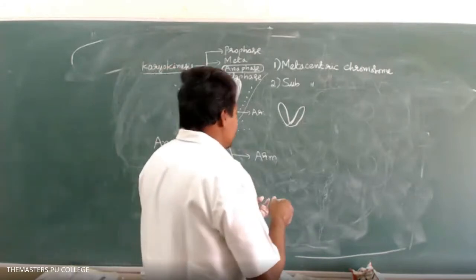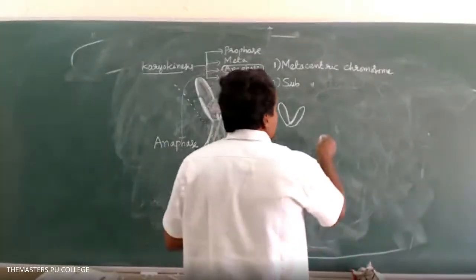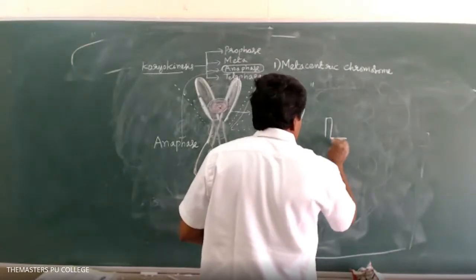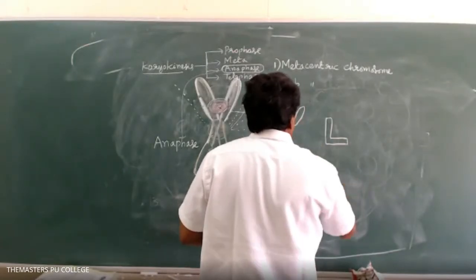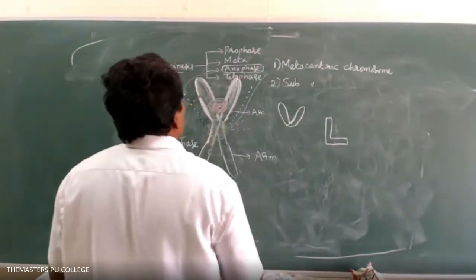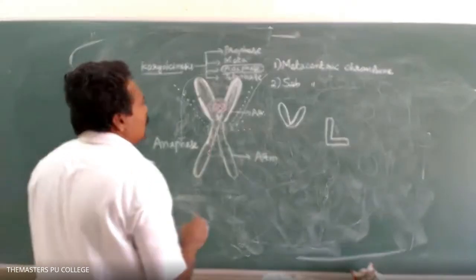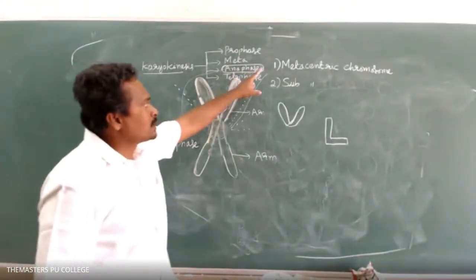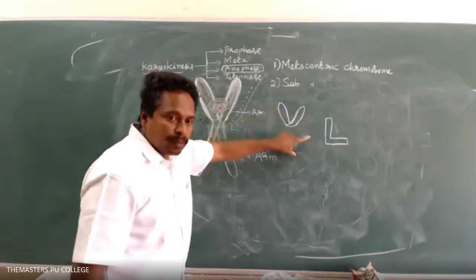The submetacentric chromosome appears like an L shape during cell division. V shape for metacentric, L shape for submetacentric.